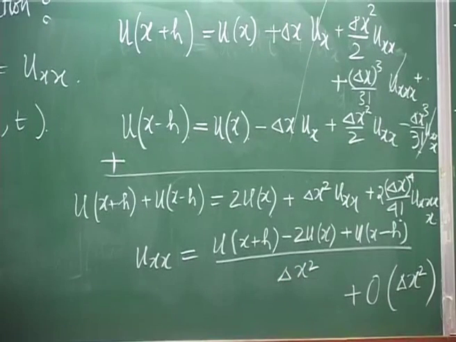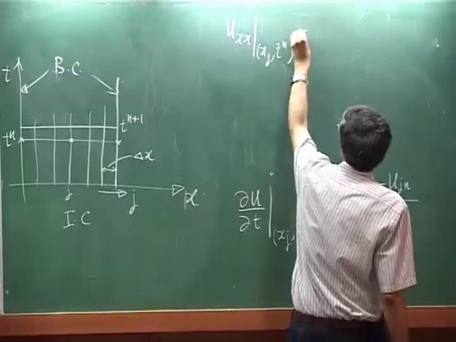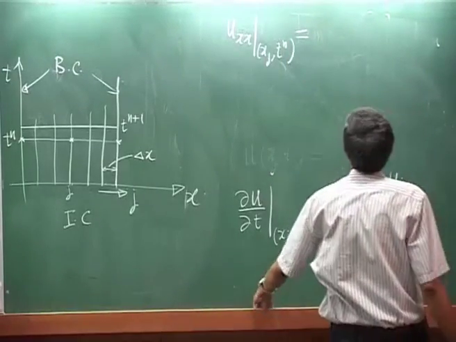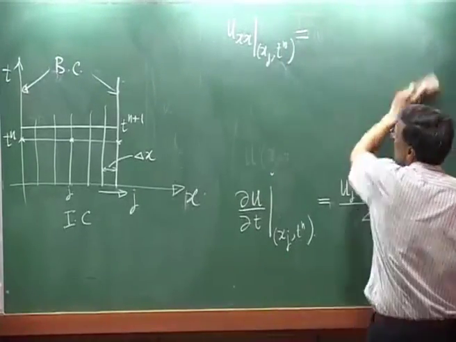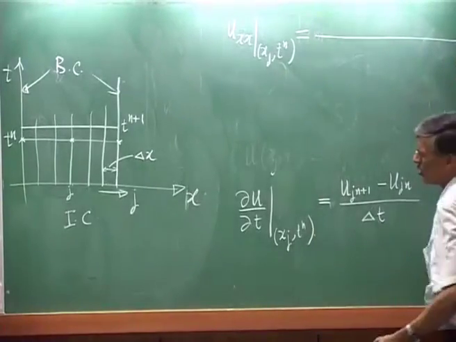So, what we have just figured out is that we can keep this u t here and then make use of the Taylor series expansion that we have obtained just now. So, we will write that as u x x at x j and t n. We are only varying x, keeping t the same. So, I would write that down. So, what would this be?